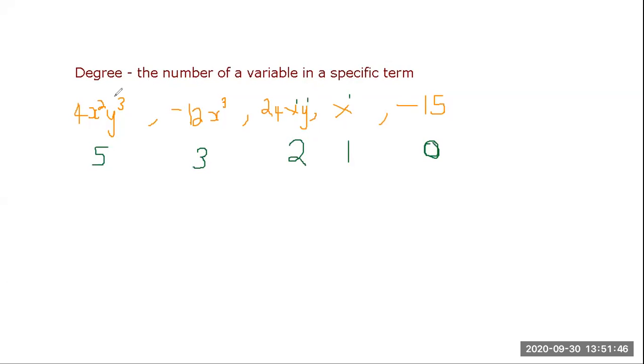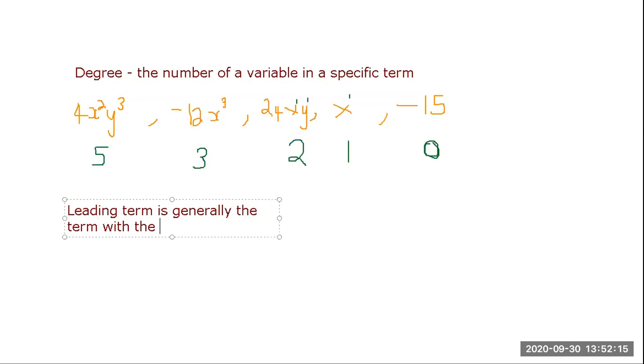So we're talking about degree, the exponent. If I have a polynomial or a term, in order to figure out what the degree is, I add up all the exponents. Next we're going to talk about the leading term, which is generally the term with the highest degree.